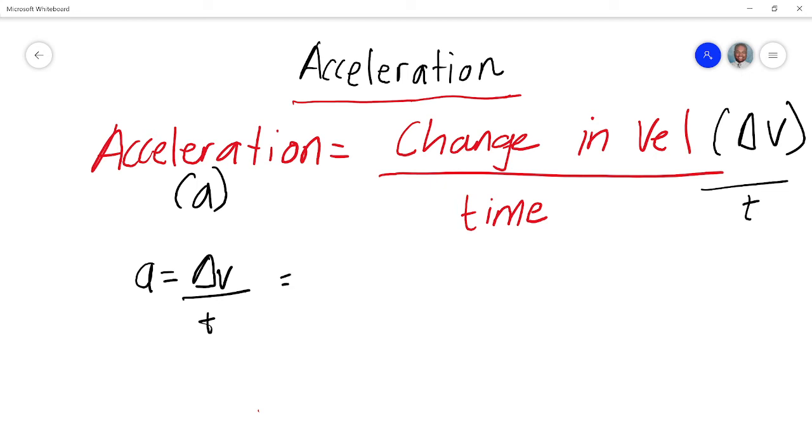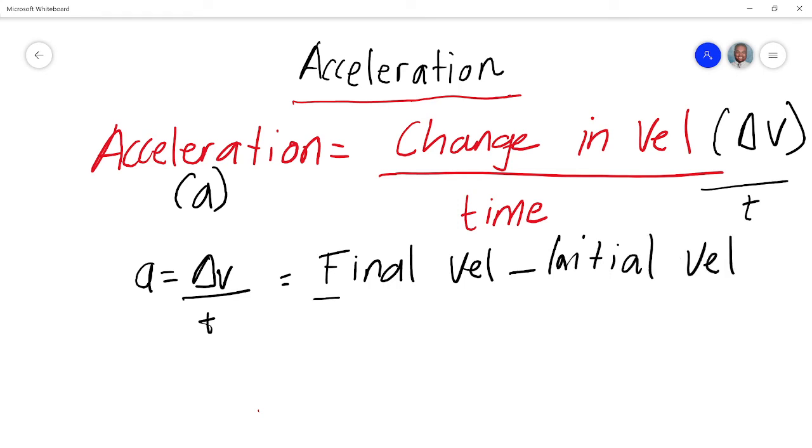So delta v becomes final velocity, or vel for abbreviation, minus initial vel, over time.